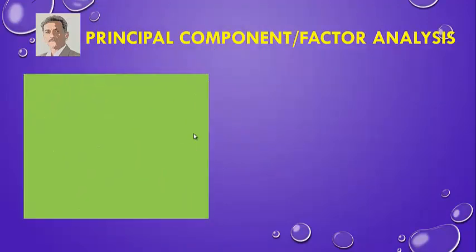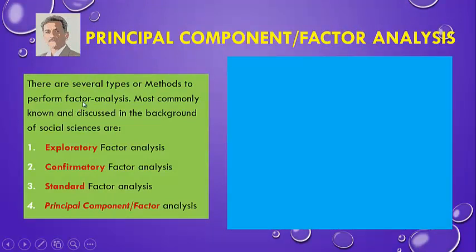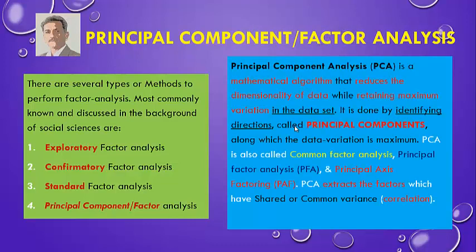As we said earlier, there are several types or methods to perform factor analysis. Most commonly known and discussed in the background of social sciences are exploratory factor analysis, confirmatory factor analysis, standard factor analysis, and principal factor or component analysis we are talking about right now. Principal component analysis is a mathematical algorithm that reduces the dimensionality of data while retaining maximum variance in the data set.